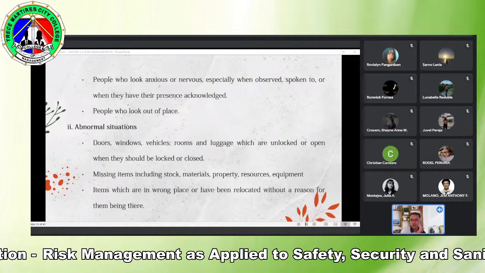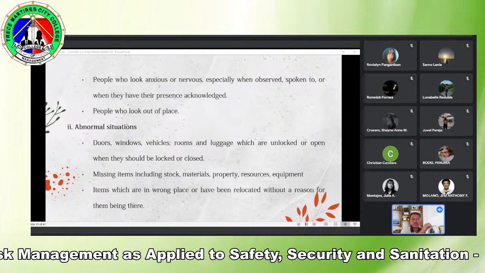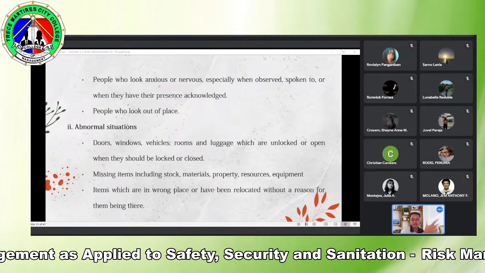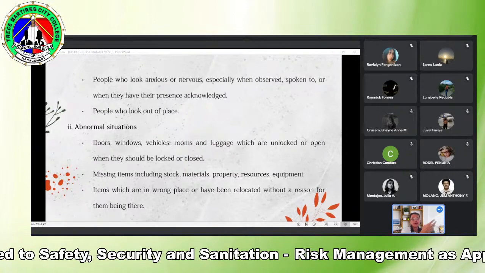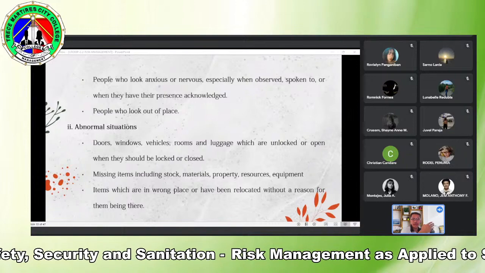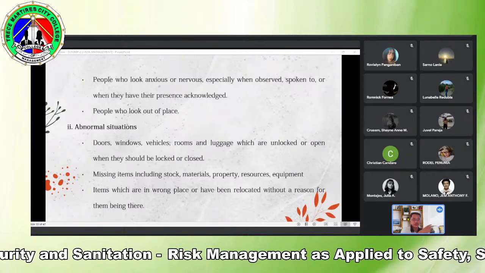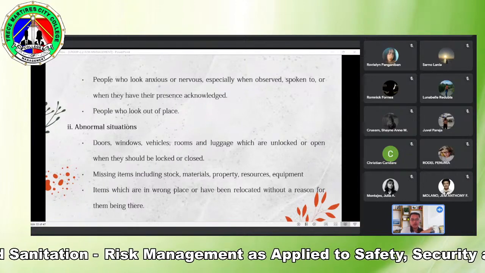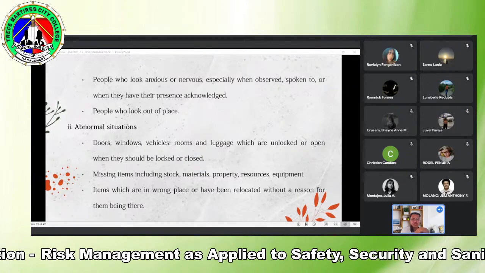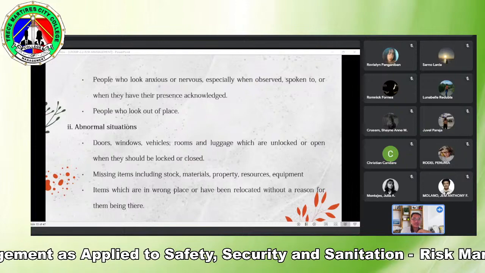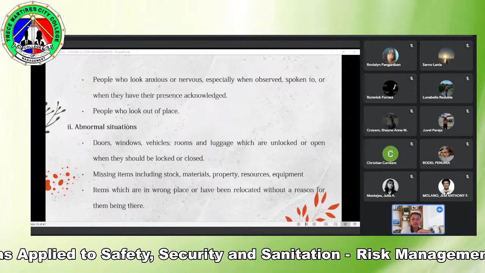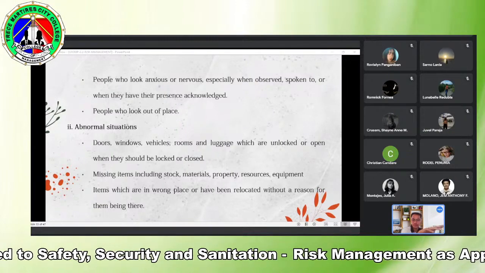Okay. So, these are the indicators that Mr. Cornea discussed that we should be aware of for suspicious behavior. Una, yung mga hindi natin kakilala na pagala-gala sa area natin na alam naman natin na they are new.